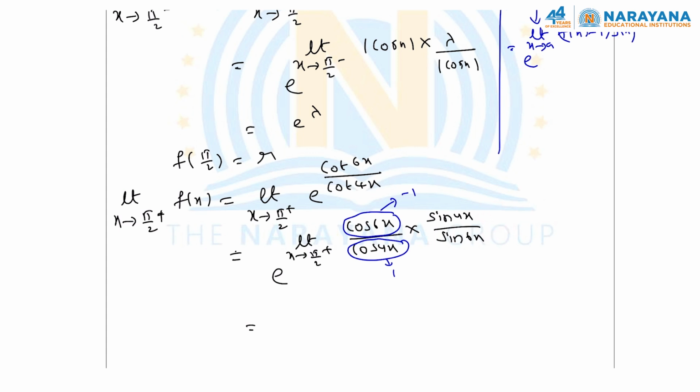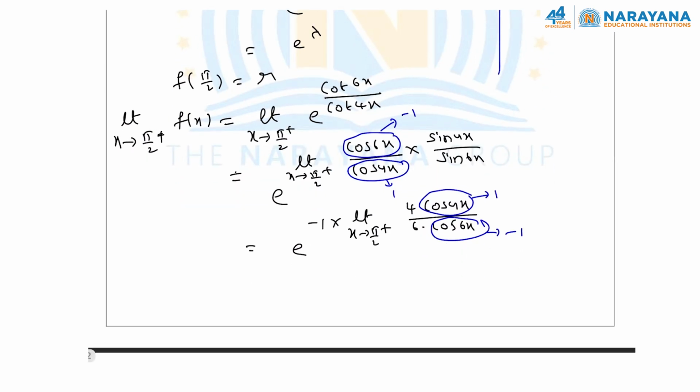So e power minus 1 into limit x tending to pi by 2 plus, if I apply L'Hopital here, it will be 4 times cos 4x divided by 6 times cos 6x. Now substituting pi by 2 plus, this will be 1, this will be minus 1. So minus 1 into minus is plus 1. So e power 4 by 6, which is nothing but e power 2 by 3.